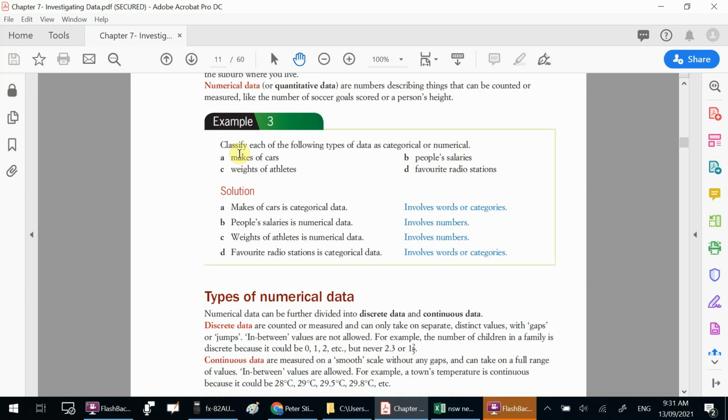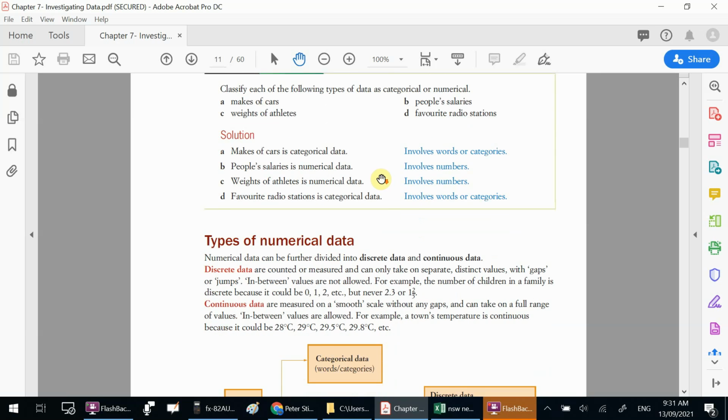The makes of cars is nothing to do with numbers, so that's categorical. People's salaries is to do with numbers, so that's numerical. Weights is also numerical. And favourite radio stations is categorical.